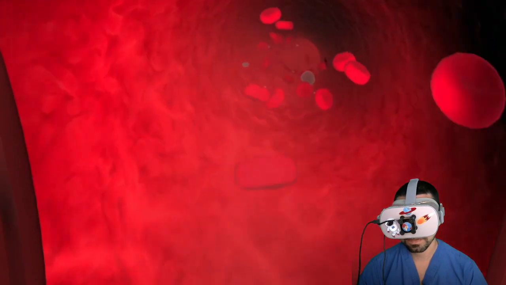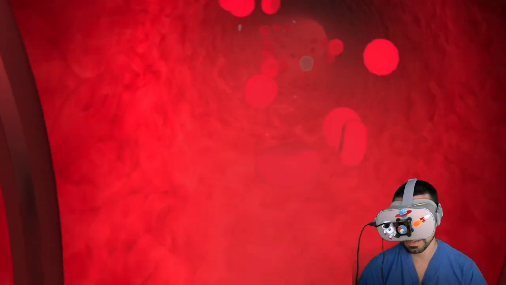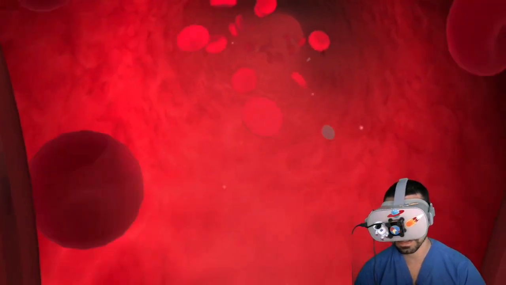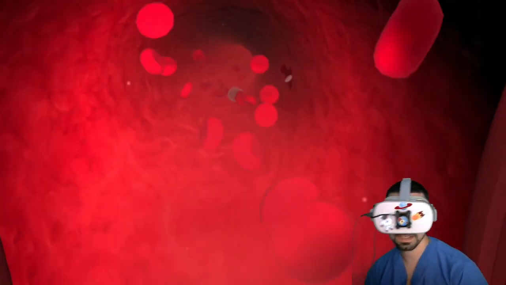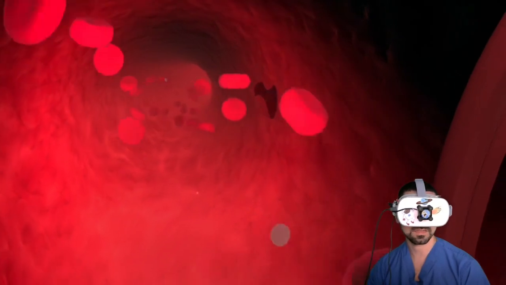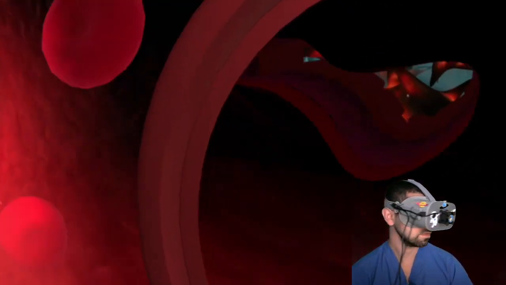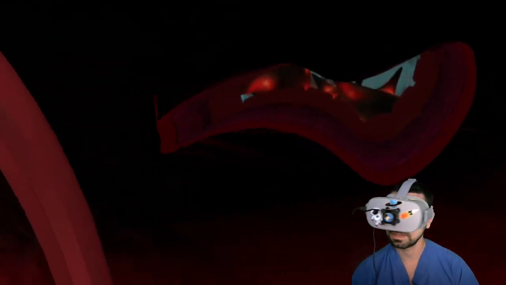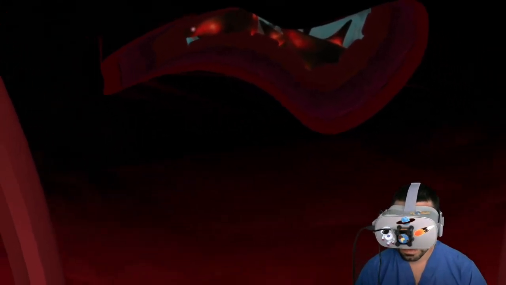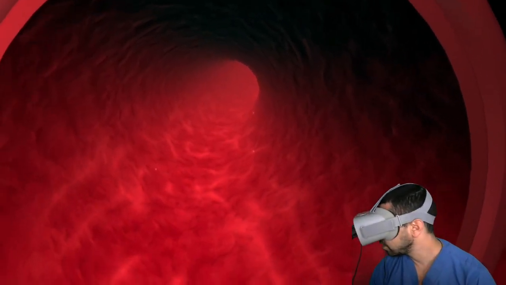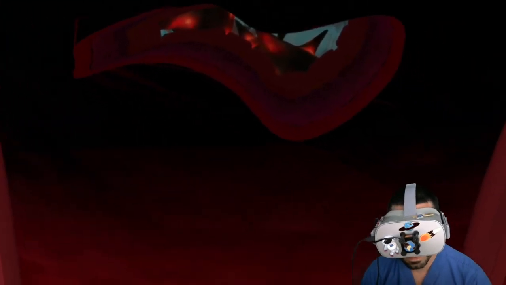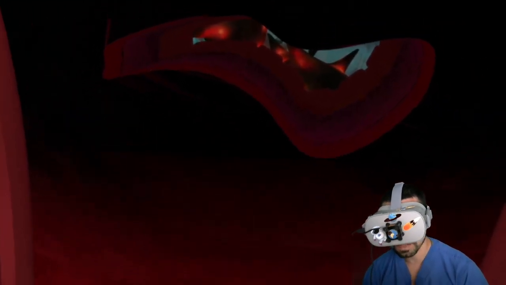And if you look out there, you can see a tear in the blood vessel. That's pretty interesting. That should not exist here. So let's take a closer look at that tear in the blood vessel. Wow, this is huge. You can see here, this is the blood vessel and there is a tear there and you can see outside the blood vessels.